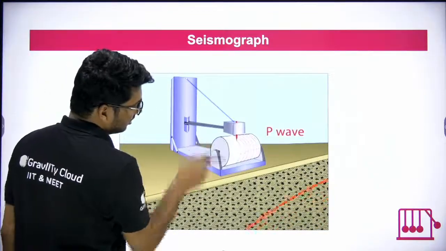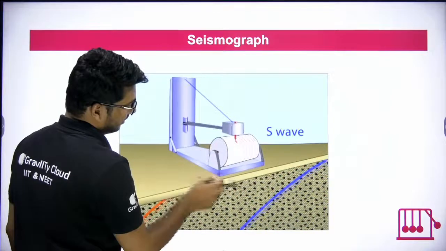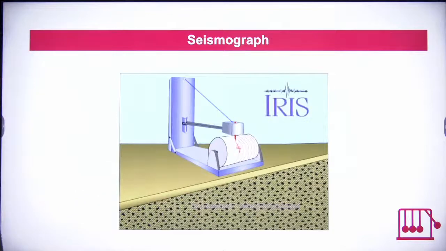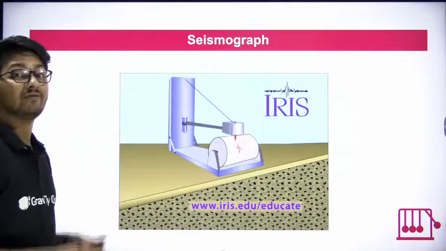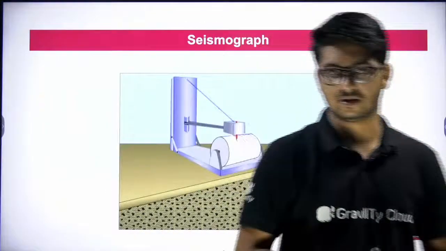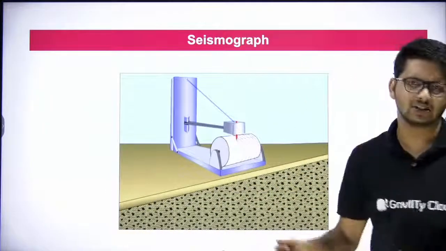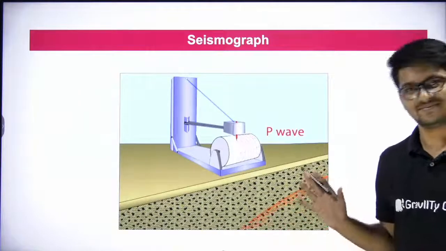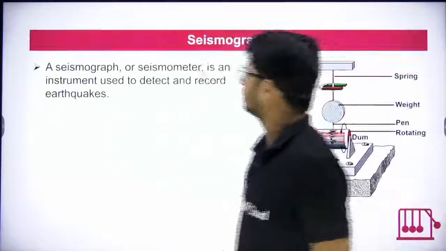You can see it here. The wave is coming, shaking, another wave is coming, and again. So the seismograph records earthquakes. It cannot predict an earthquake. If an earthquake comes, it records it.